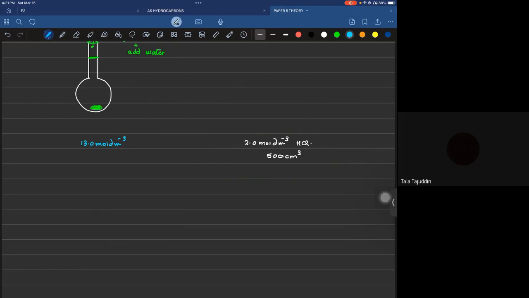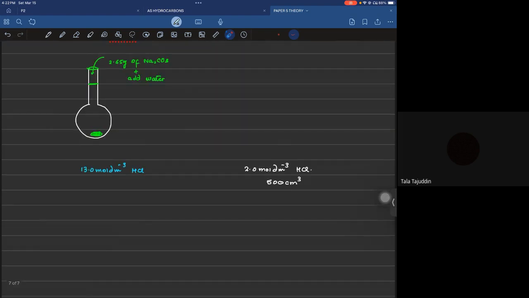Of course, I would be taking a few centimeter cube of this HCl solution and adding some amount of water. Then after the addition, when I make up the solution, automatically I would be getting the same concentration.